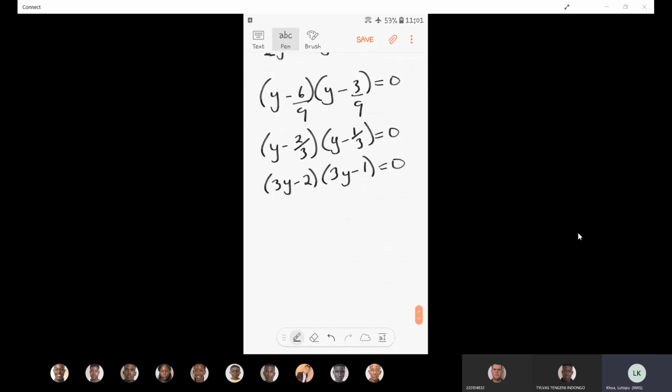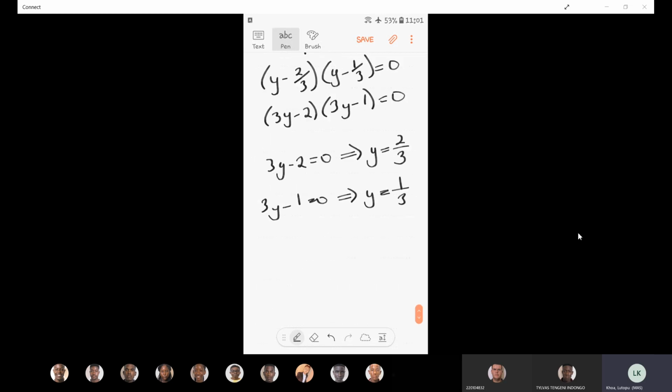So now it's factorized. So it means 3y minus 2 is equal to 0. And if 3y minus 2 is equal to 0, this means that y is equal to 2 over 3. And if 3y minus 1 is equal to 0, this means that y is equal to 1 over 3. Now I need to solve for x as well.